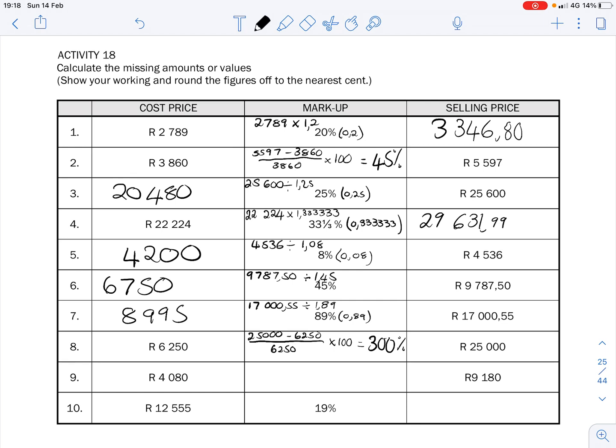Okay. We then have the same thing with the next transaction, or next sum.